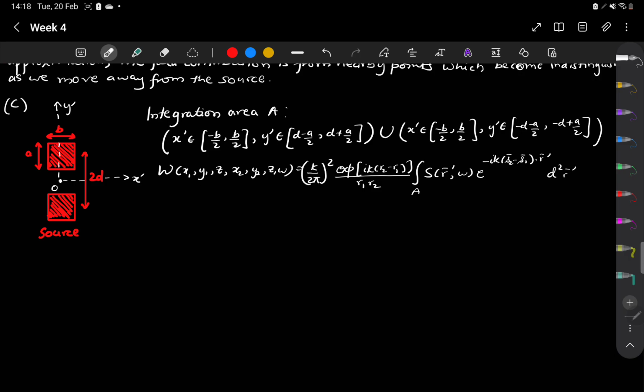Now we are given that the spectral density function is a constant, and since we are in the far field and making use of paraxial approximations, we can make use of equation 1.